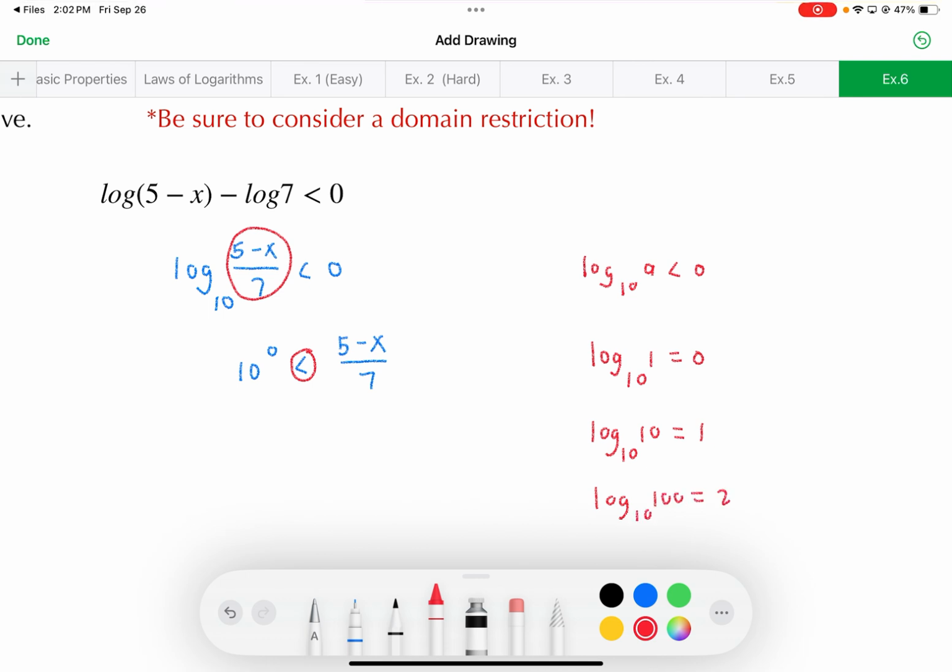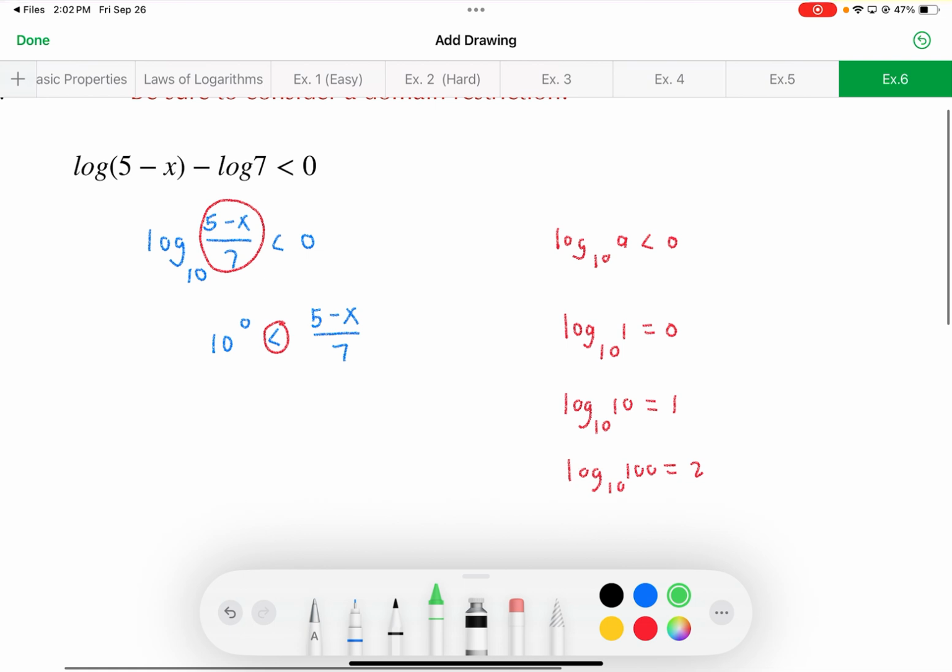2. Okay, so what I want you to notice is that as I continue to increase this value for the argument, notice the result keeps increasing, right? Is that what I want for this problem? If you go back to the inequality, I want it to actually be getting smaller than 0, not bigger than 0, right?